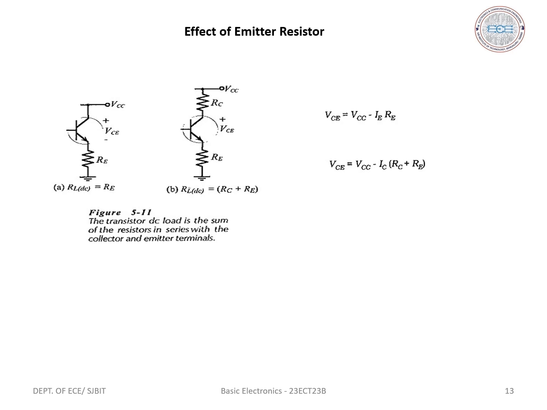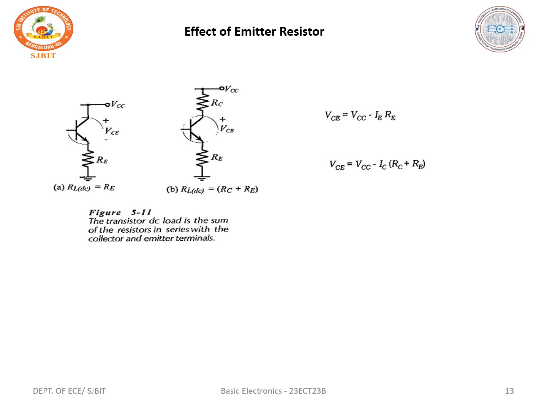Next, we have the effect of RE and RC. In this figure, both emitter and collector resistors RC and RE are present in series with the transistor. Assuming IE nearly equals IC, applying KVL to the collector circuit, VCC minus ICRC minus VCE minus IERE equals 0.